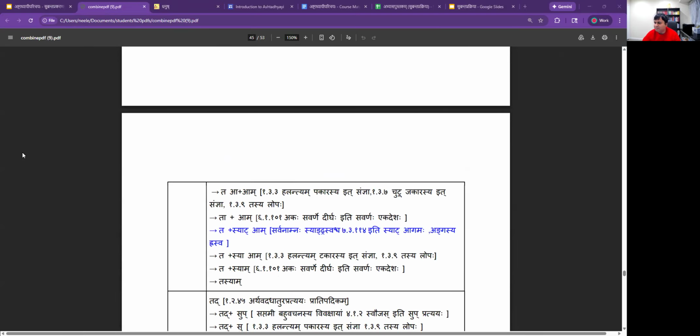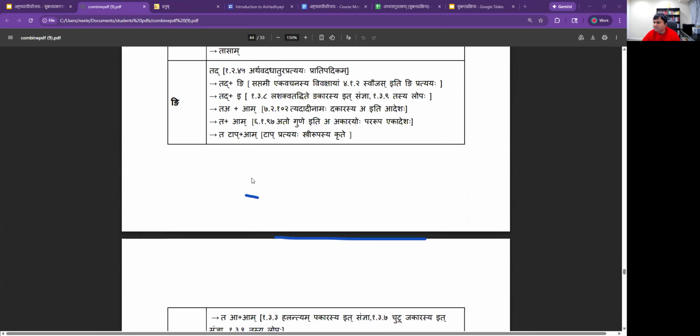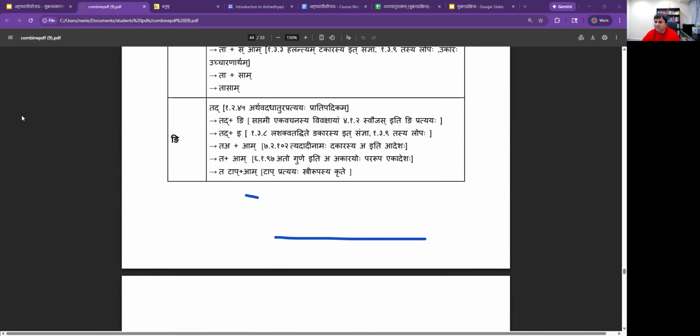Same thing actually. Sarvanamna Syat Hraswasya iti Syat Agamaha, but there is an Am Adesha. So let's take that once. Tasyam. Let's start with ta plus a plus... why are you directly creating am over here? Where is the sutram that converts ni to am?